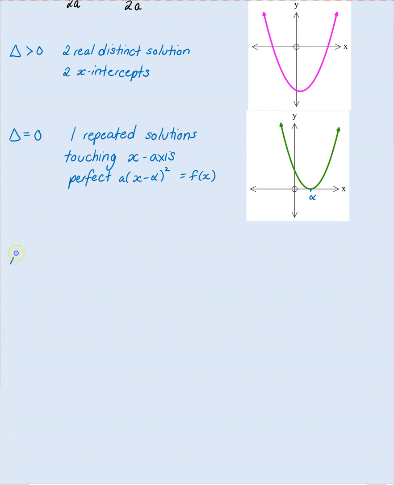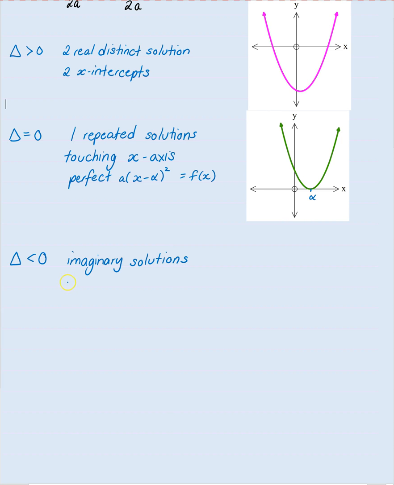And of course the last situation is when the discriminant is less than 0, and that's when we have imaginary solutions, because that's a whole other part of maths. When we take the square root of a negative number, we get imaginary answers. So we get imaginary solutions.